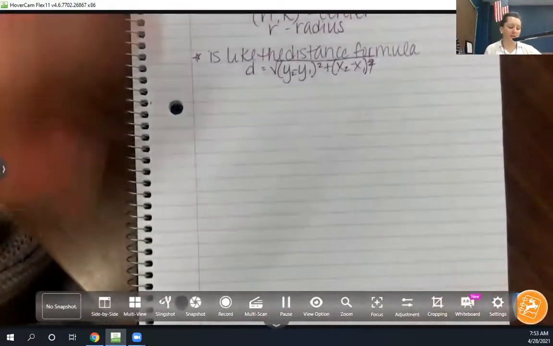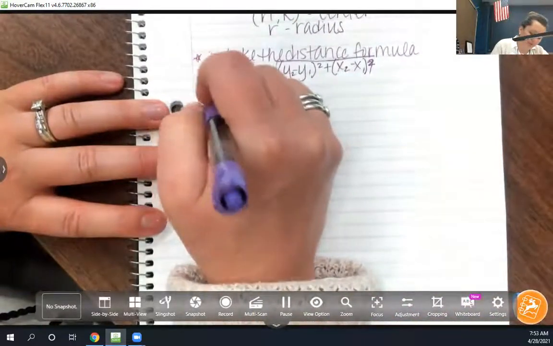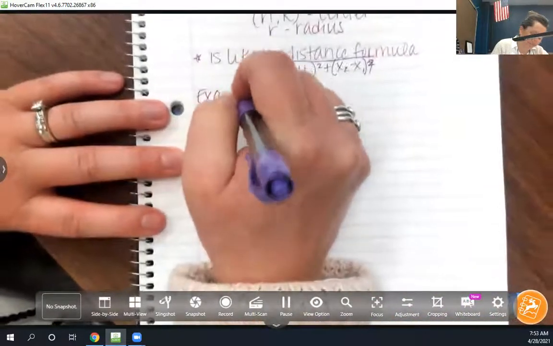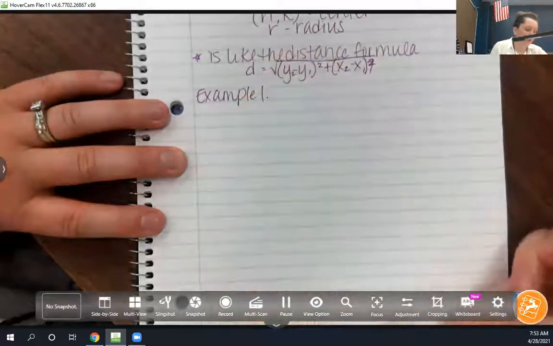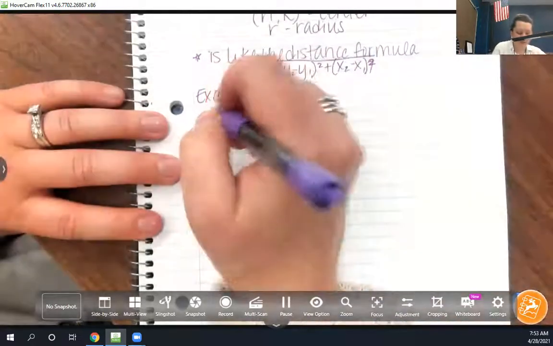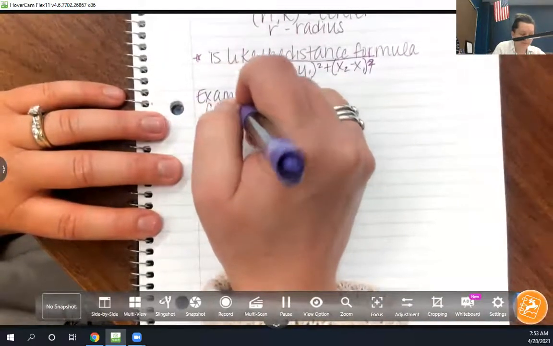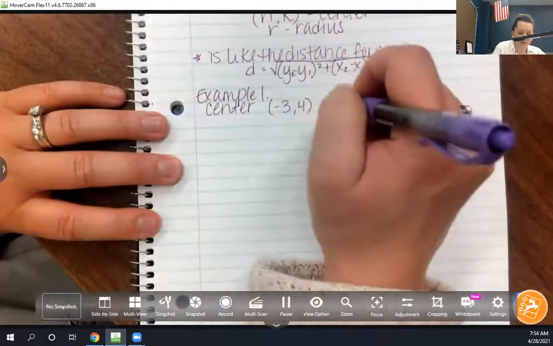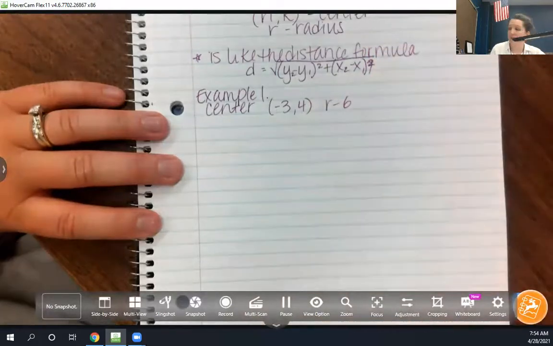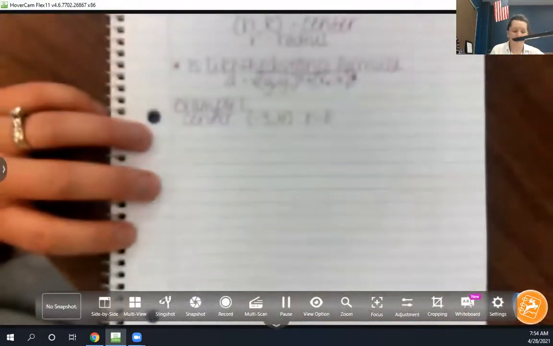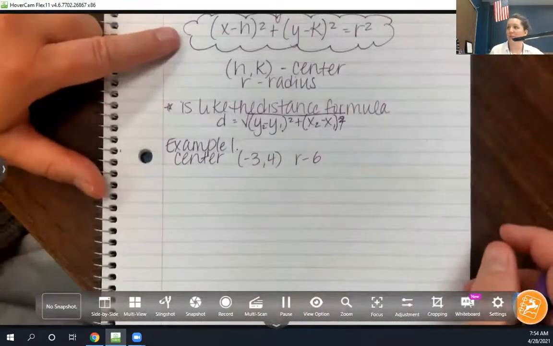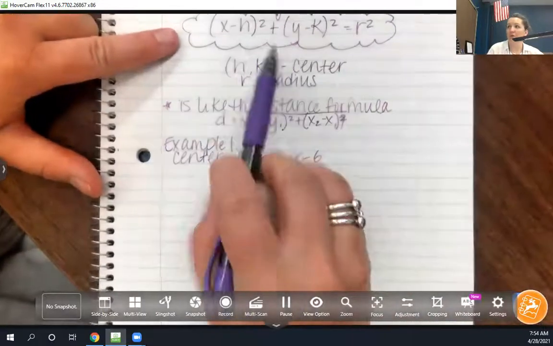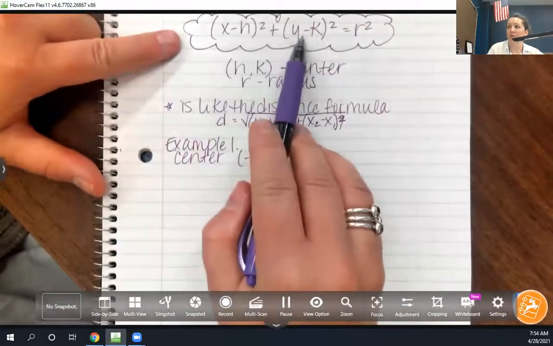So let's look at our example 1. It says write the equation of a circle. So I have a center of (-3, 4) and a radius of 6. So I'm going to use the standard equation of a circle up here and just plug in my values. So notice that these are both subtraction, right?